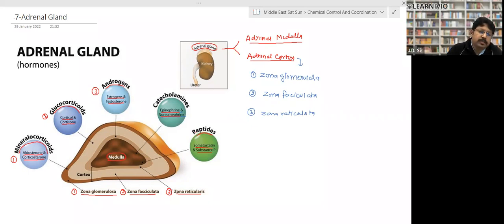This is also known as the gland of emergency, the first and foremost important point. Why is it known as the gland of emergency?